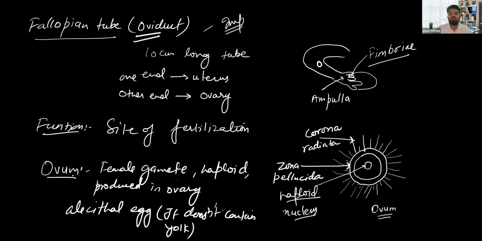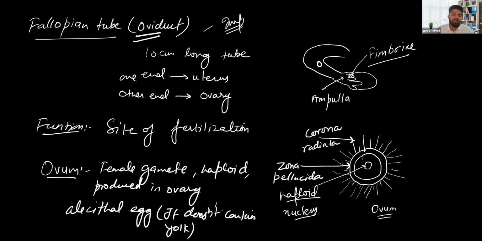Okay, next is the ovum. The ovum is just like this structure. This is the female ovum, like we have studied the sperm. The ovum is actually a membranous structure, and it is alecithal, which means it does not contain yolk, like the hen's egg contains yolk. The female ovum does not contain yolk.